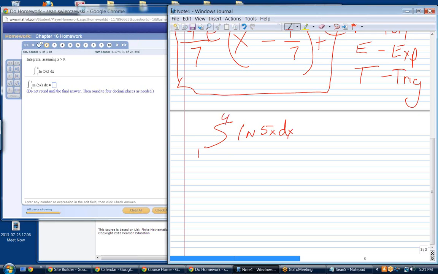Well, what's the integral of natural log of 5x? You just beat me on this one. Me too, actually. I have to look it up. No, it's not what you think it is. It's different. This is a tough one. Gosh, this is so tough that it's not even in my book. Wow, I'm going to have to go to a table on this one. What is the integral of log x?